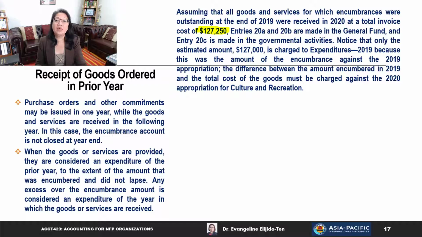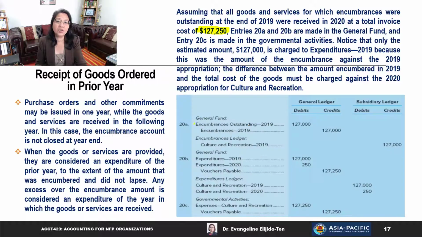$127,250. So, in entries 20A and 20B, we are showing the general fund journal entries. So, what are we doing here? It says, by the way, that the estimated amount for that was $227,000.